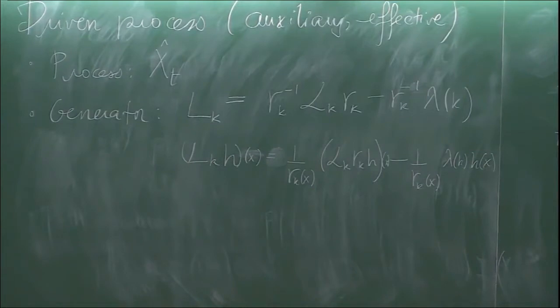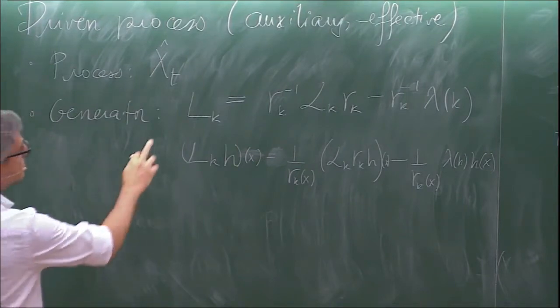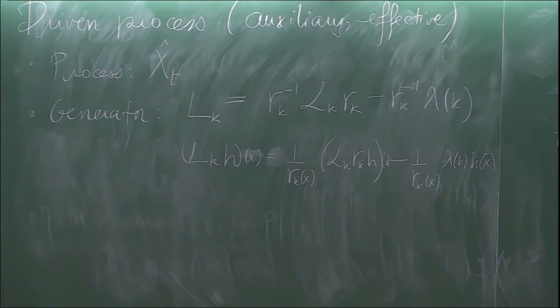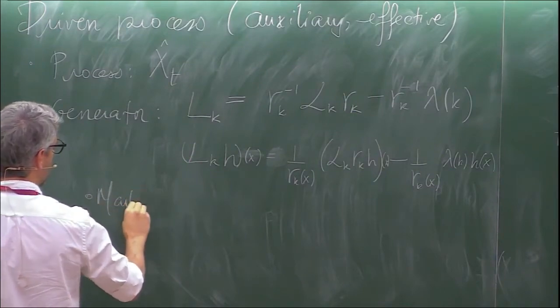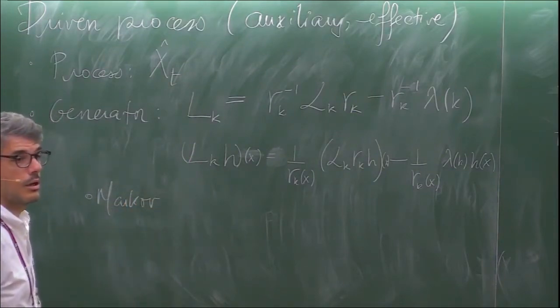It's quite easy to show that this is a Markov, conserving generator, so it conserves probability, because if you apply this onto the constant function, you get 0. That's the property of conservation. So it's Markov.